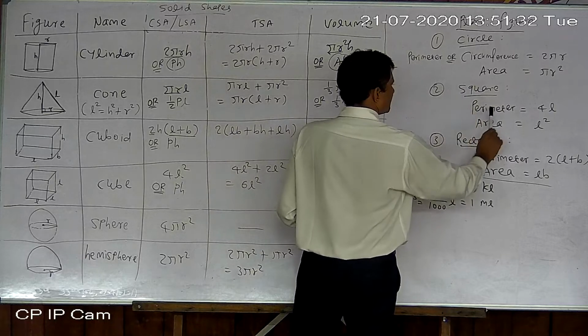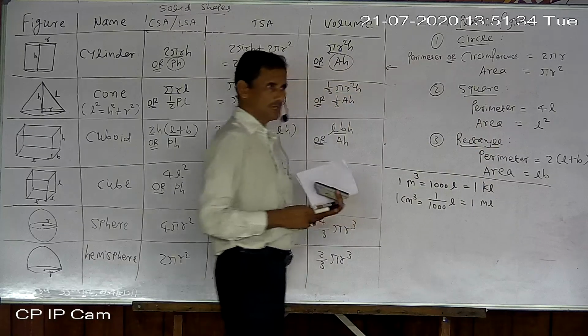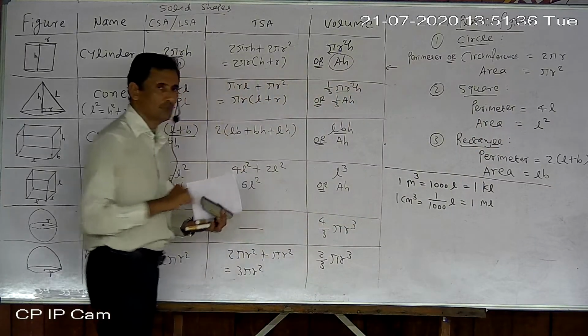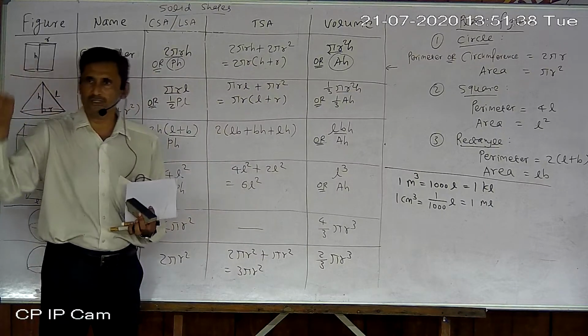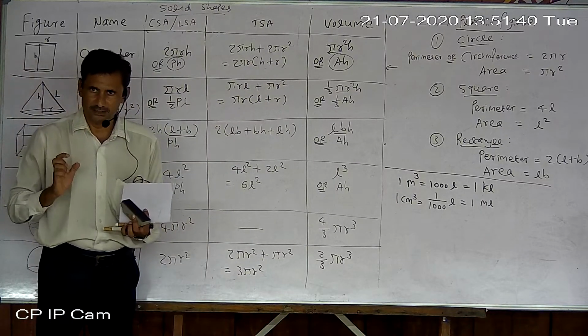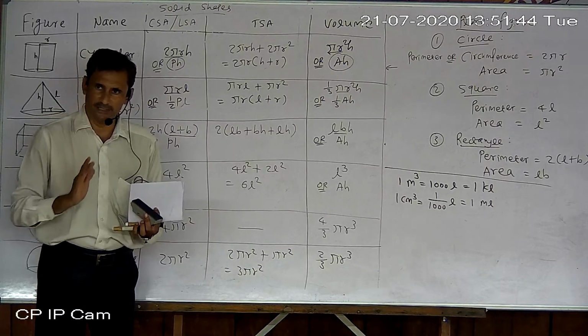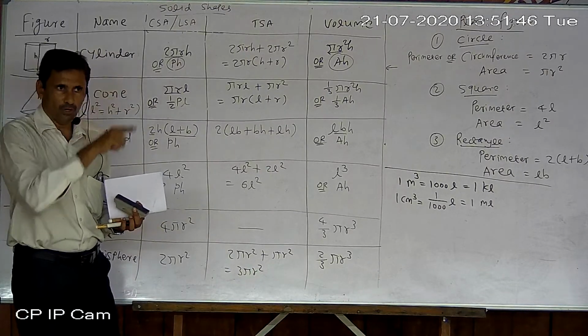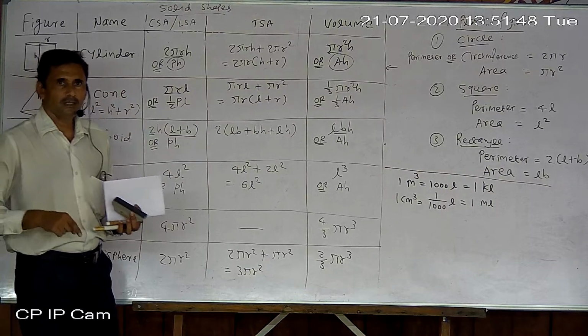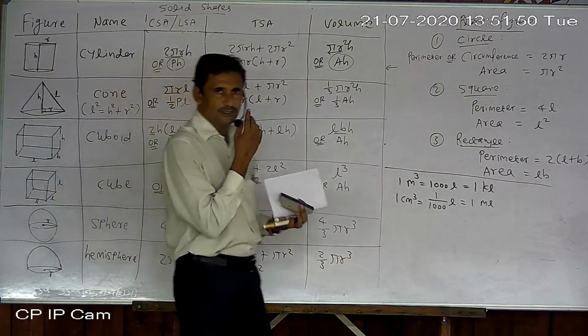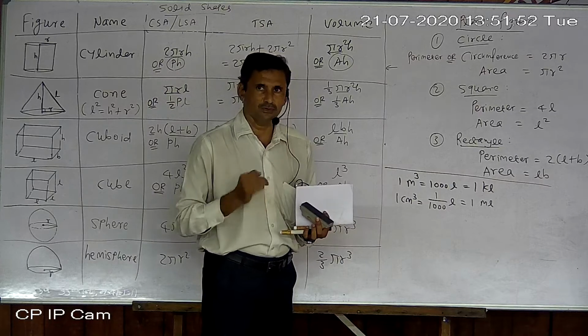Now square. The perimeter of a square is 4L. Actually, what is perimeter, that you know. Perimeter is nothing but the sum of all sides, or the boundary. Suppose there is a circle, in a circle no side is there, but if you measure the whole boundary, then that measurement is nothing but the circumference or perimeter.